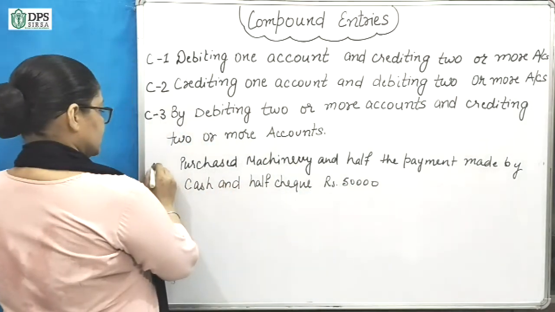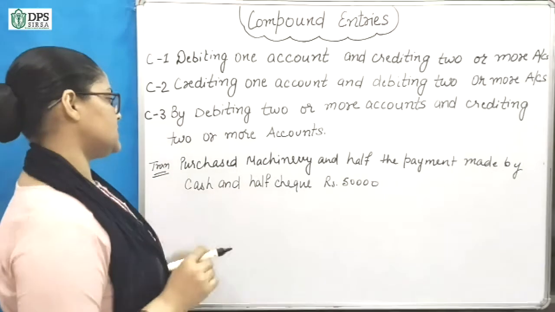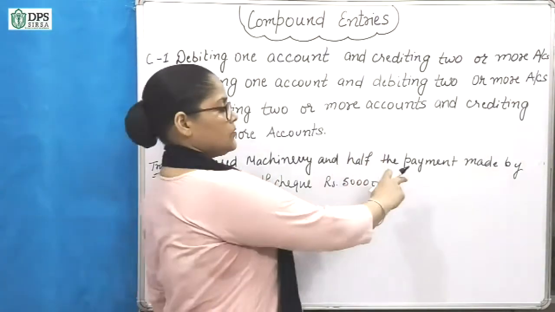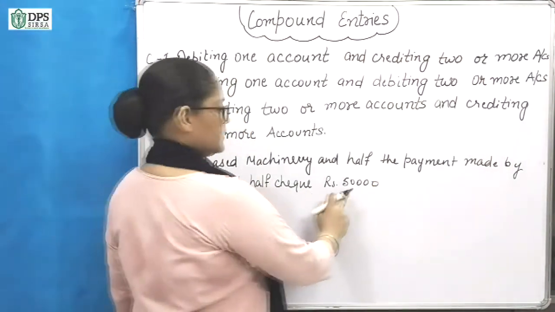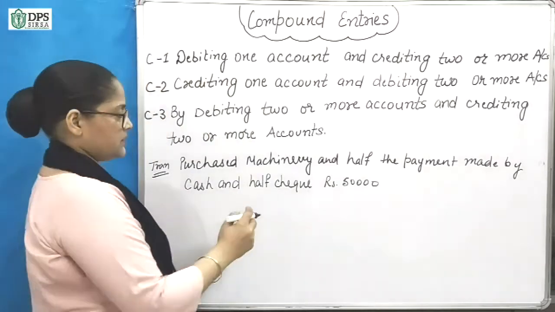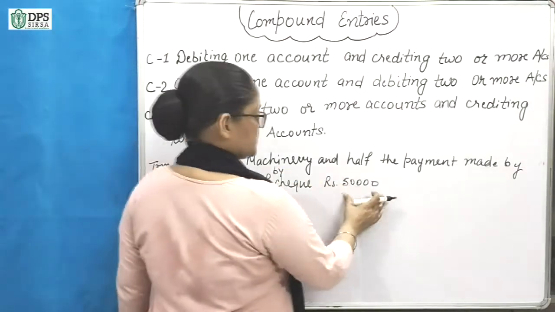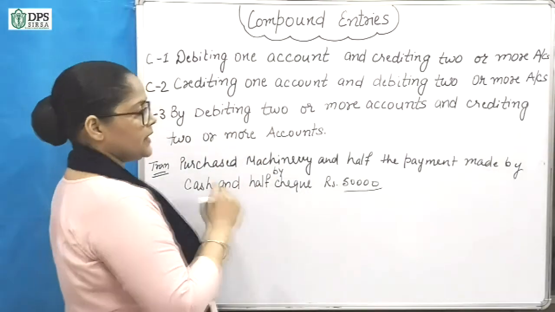So in this transaction we have purchased machinery and half the amount we are paying by cash and half by check. So the amount is total 50,000.